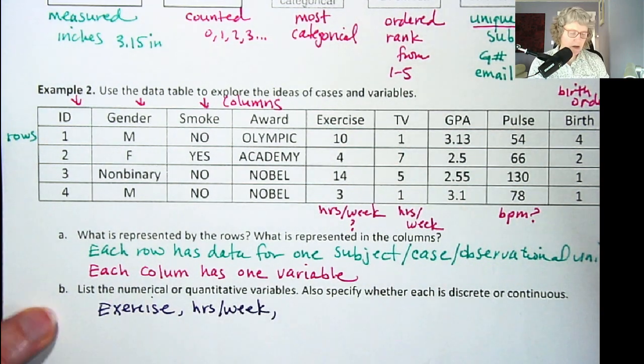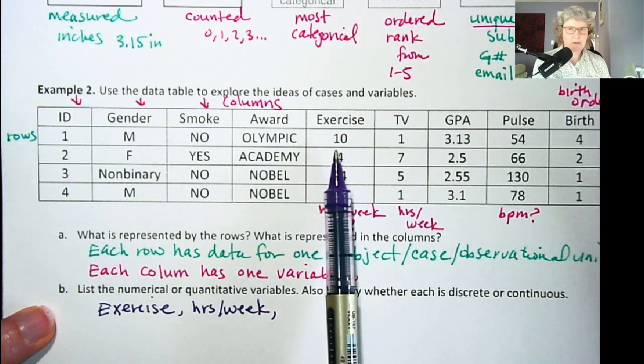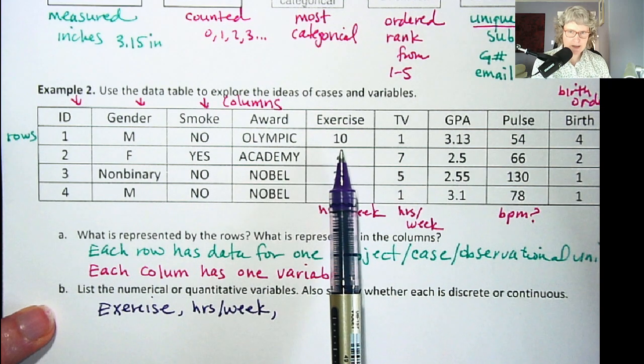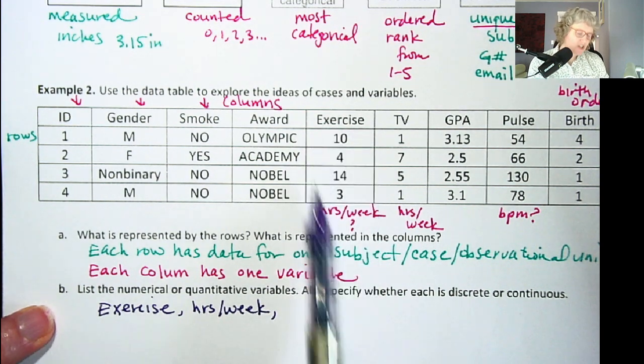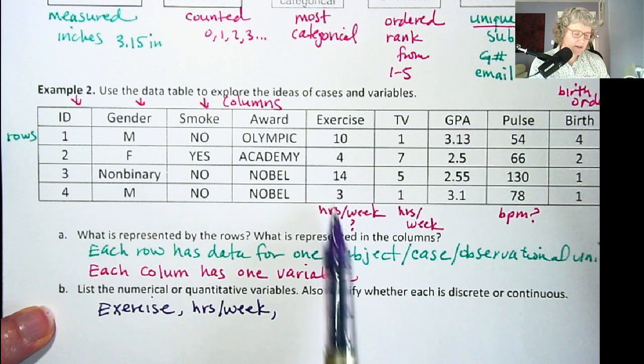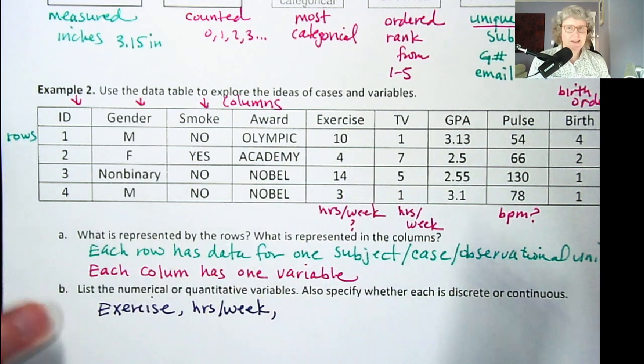And now we need to think about, is that discrete or continuous? Okay, could someone exercise 10.5 hours a week? Yes. Could they exercise 10.33, 10.1 hours per week? They could. So we could say this is continuous. Sometimes it's ambiguous.